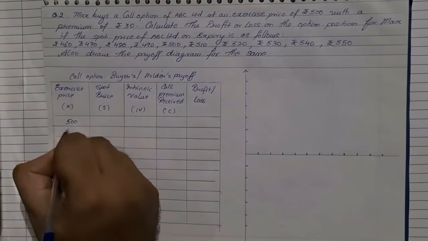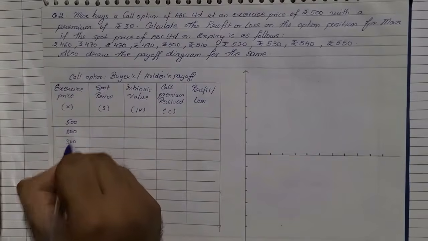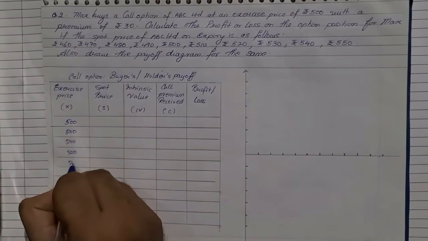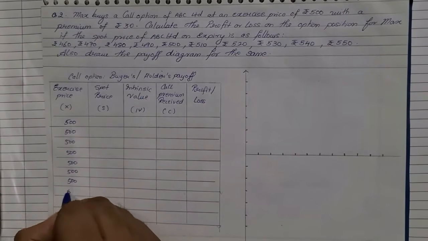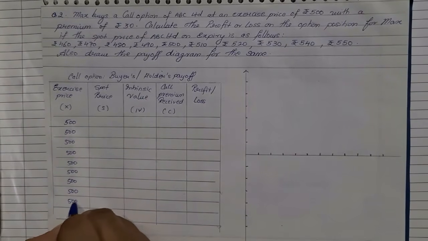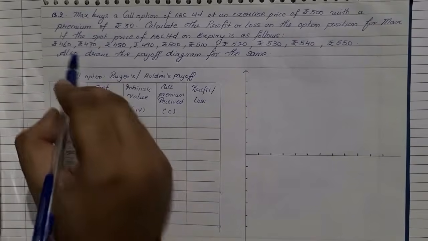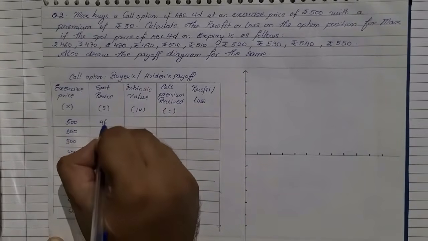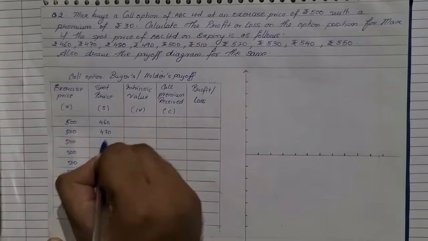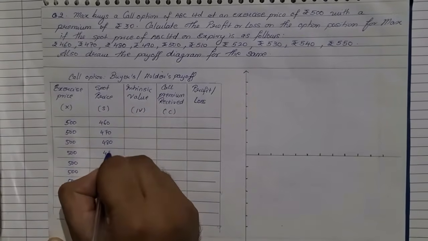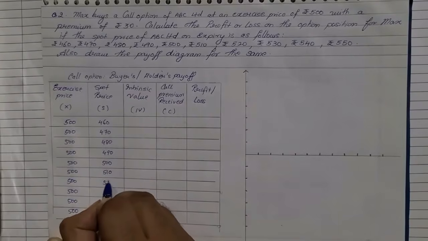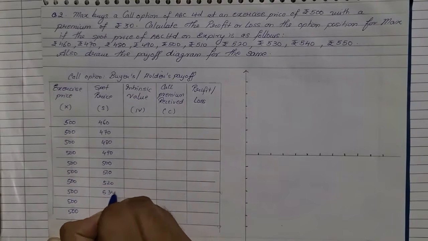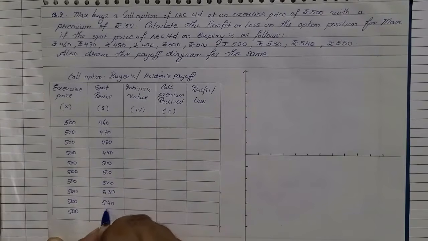So we have 500 first, second, third, fourth, fifth, sixth, 7, 8, 9 and 10. The spot prices are given to us, so it's ranging from 460, next is 470, 480, 490, 500, 510, 520, 530, 540 and the last one is 550.